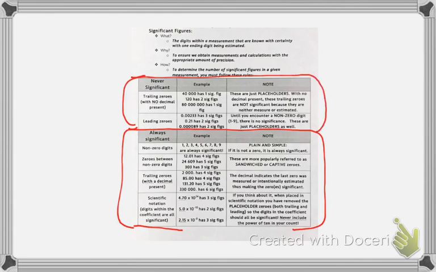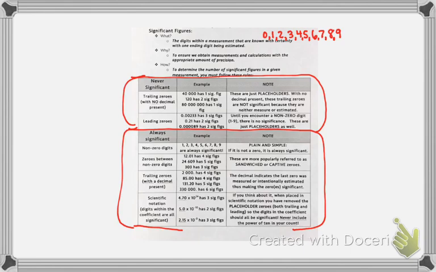So the good thing for you is to know that there are 10 digits in our numerical system. All numbers are made up of 10 digits: 0, 1, 2, 3, 4, 5, 6, 7, 8, and 9. Every number out there is made up of these digits, okay?